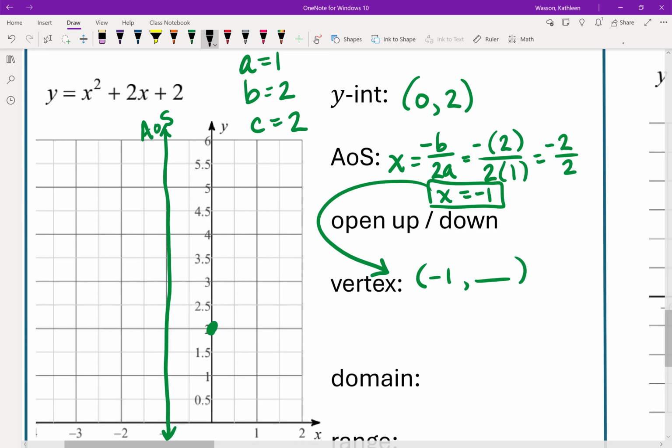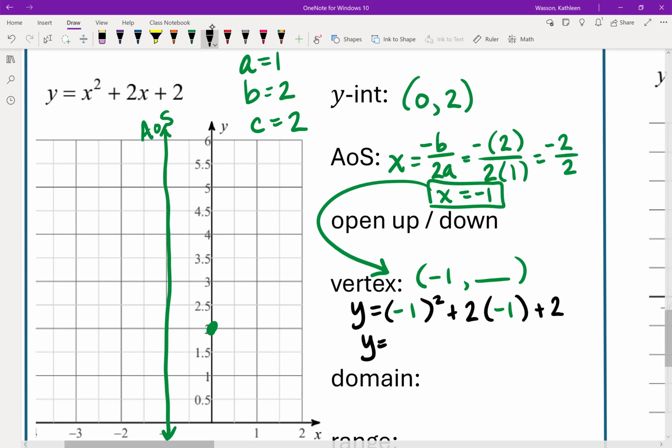To find the value for y, I substitute into my equation this x squared plus 2x plus 2. I'll take the x out and make a space to substitute. So I have something squared plus 2 times same value plus 2. In each of those spaces, I will put -1. That's the x for my vertex.